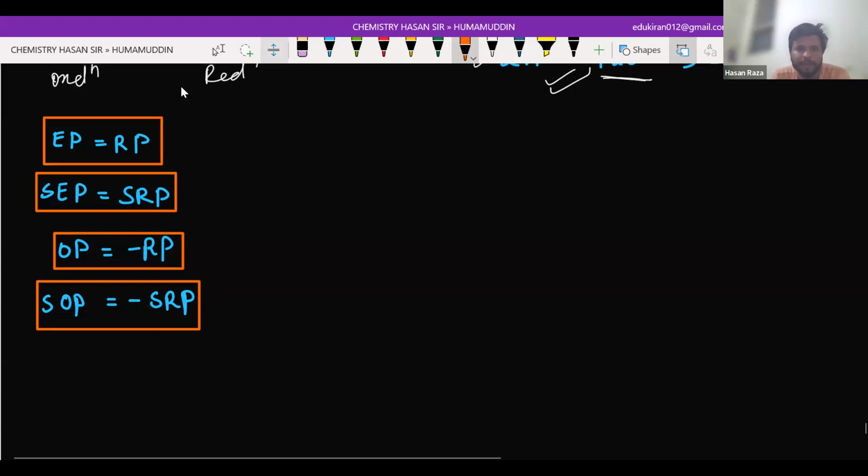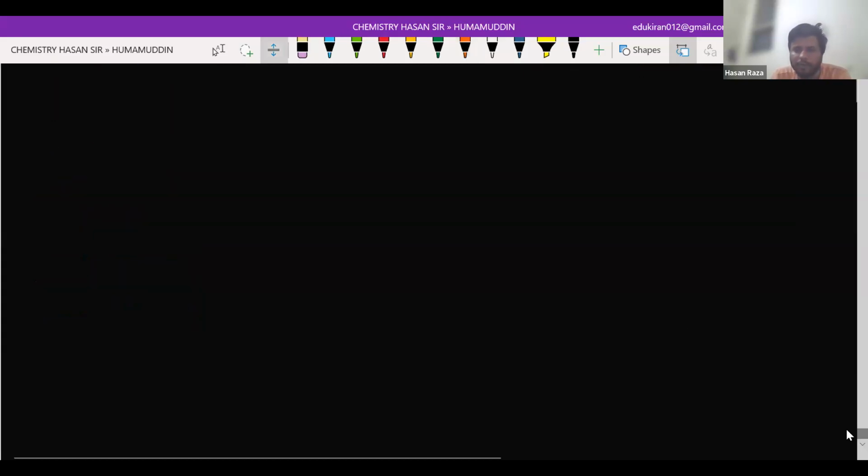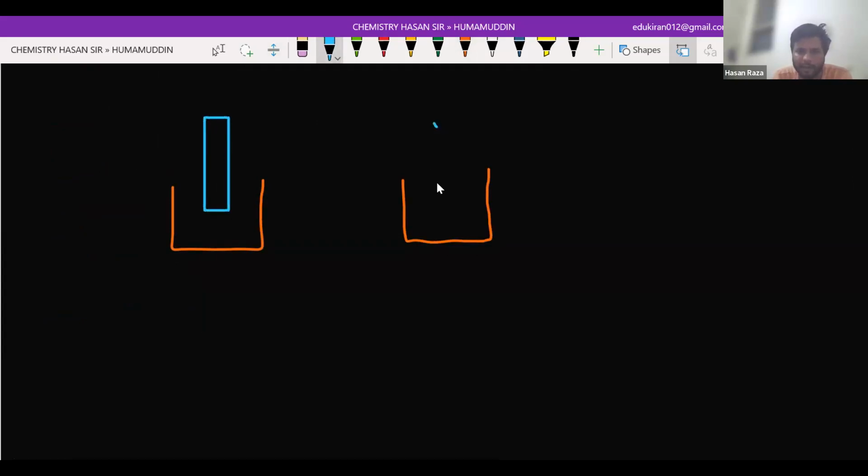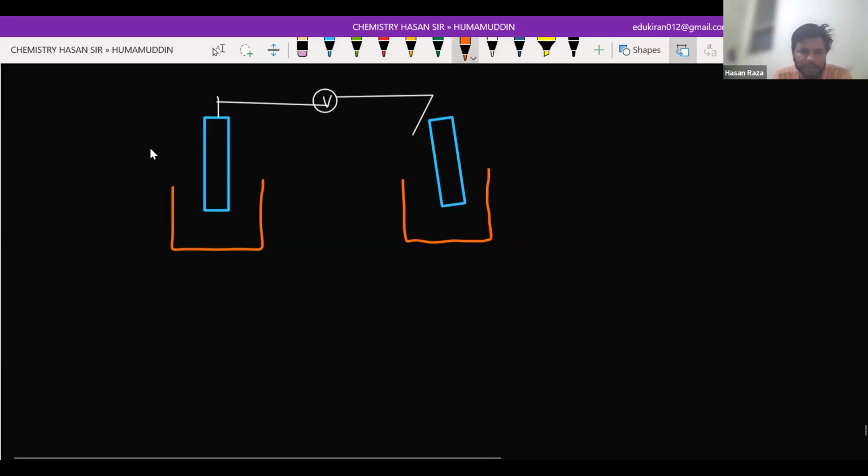Okay. Now see, we are going to derive the formula for EMF of cell. So you know that there is a container on the left hand side, whatever it is, that is your anode. And on the right hand side, it will be your cathode. Now they are connected with a potentiometer like this.